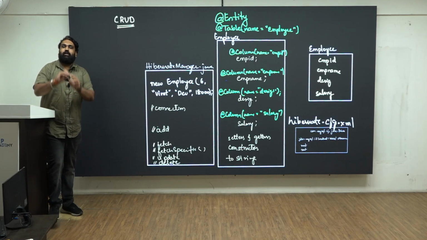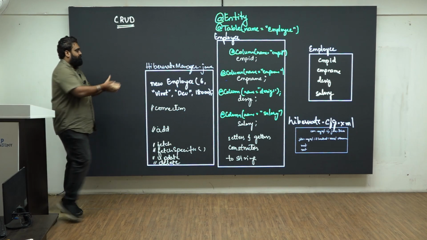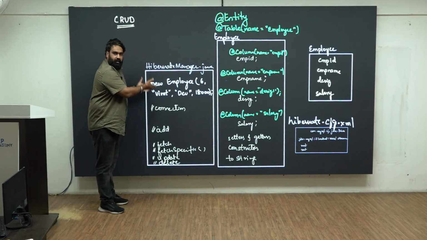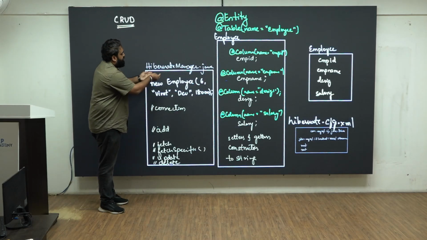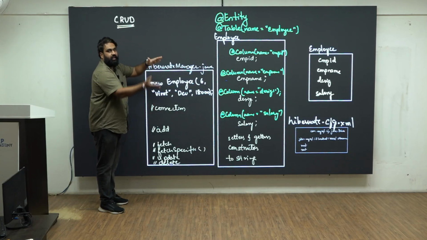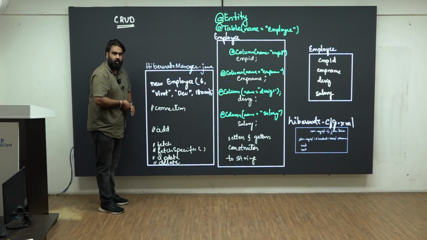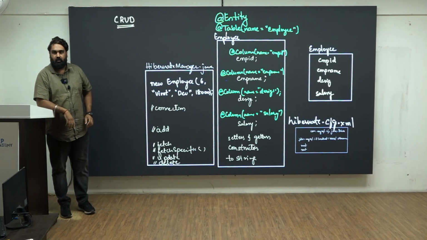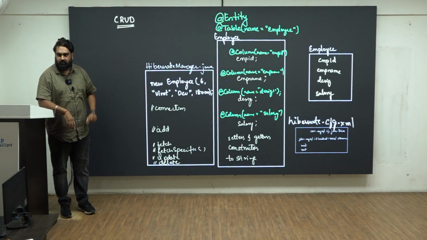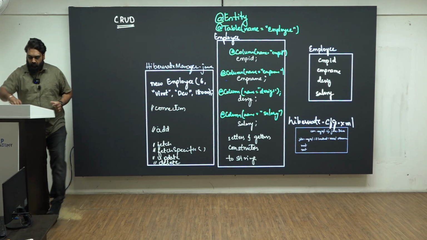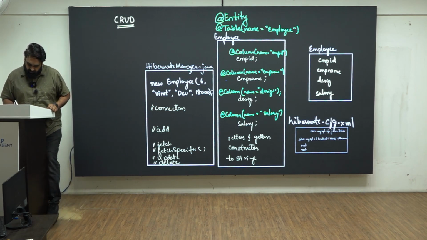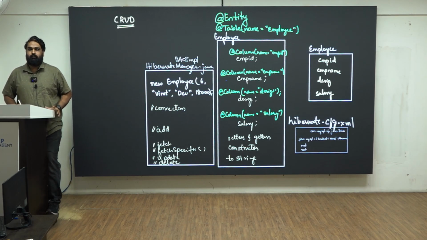So when you go to the internet, some of them will call this as Hibernate Manager. Whatever lines of code they have, they will put it directly in the main method. They will call it as a main method only. Or some of them will also write this as Hibernate DAO implementation.